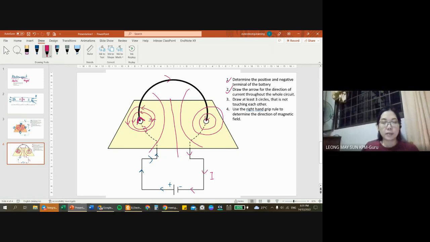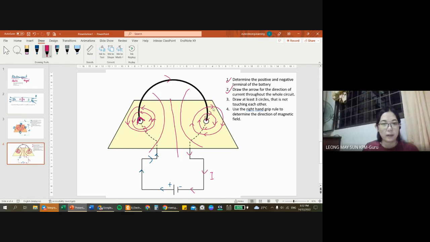Okay, so that is right hand pointing upwards, your thumb pointing upwards. The magnetic field will turn anti-clockwise, and when the thumb is pointing downwards, our fingers are going clockwise direction. Again, the clockwise direction is the view from the top. I have a habit of drawing the circles all the way.